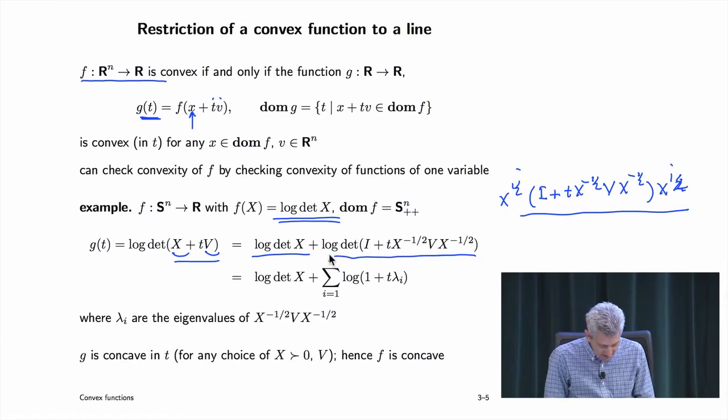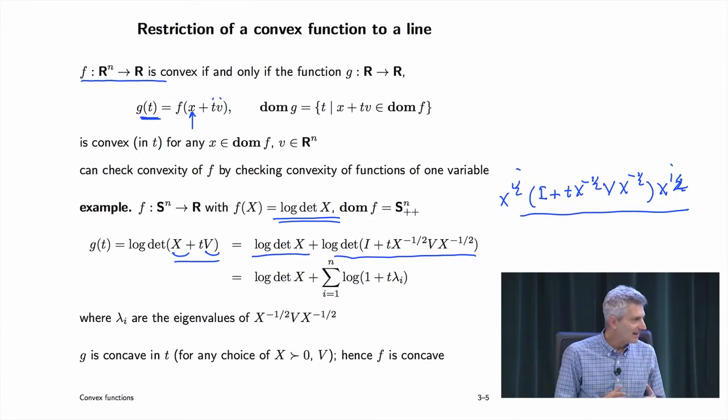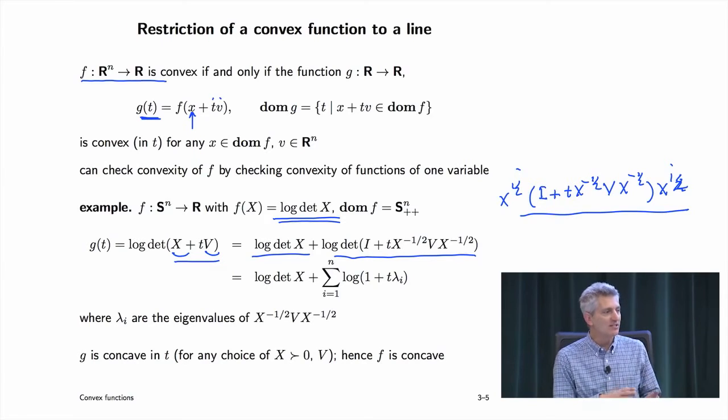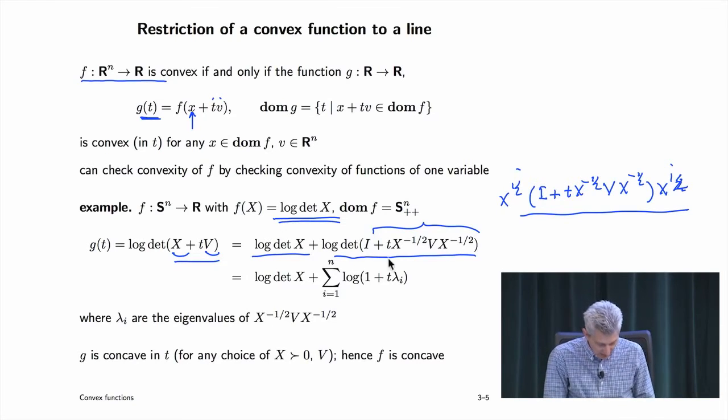Now we look at this thing. So what it says is something like this. Without loss of generality, I can concentrate on the case where my base point is the identity. But log of det of I plus t times something, we know the eigenvalues of this matrix, right? The eigenvalues of that matrix are exactly 1 plus t lambda_i, where lambda_i are the eigenvalues of this matrix. So in fact, that tells you that the log determinant is the sum of log of 1 plus t lambda_i.